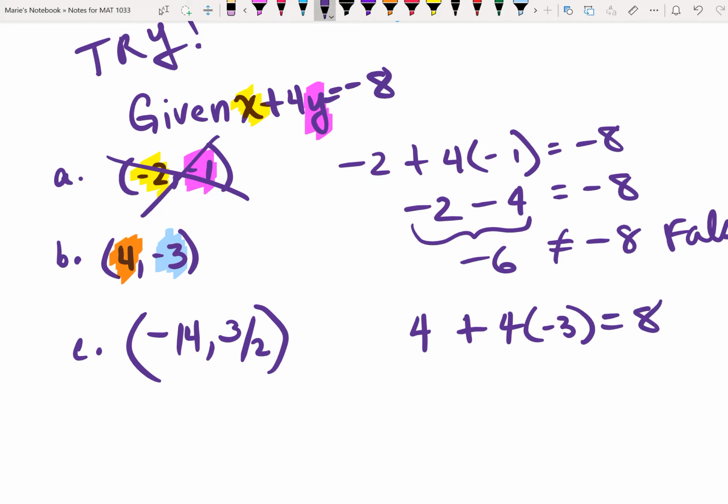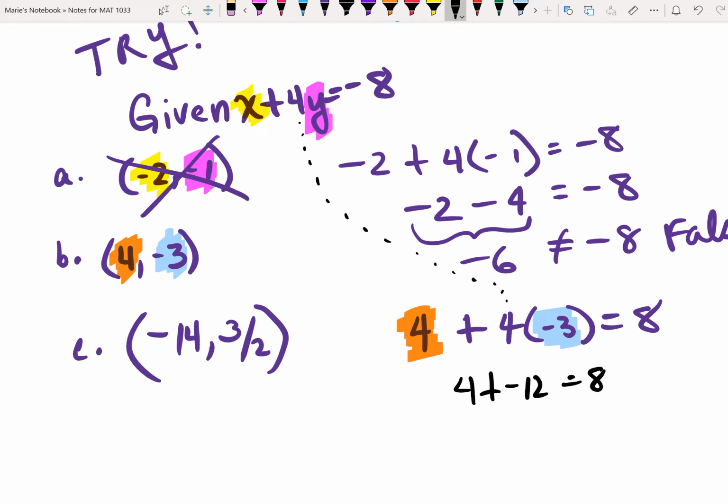Now remember, this 4 is here. This 3 is here. That's where they come from. And a lot of students get confused and they forget that that 4 comes from the original equation. Okay? So you have 4 plus negative 12 is equal to 8.